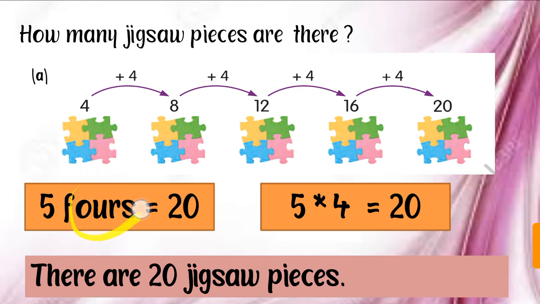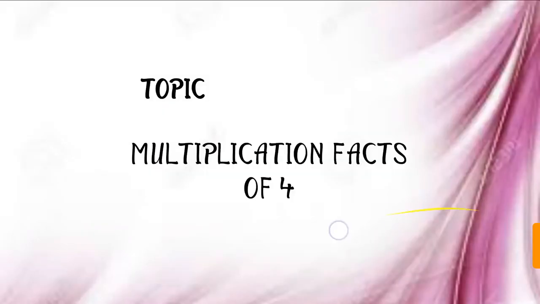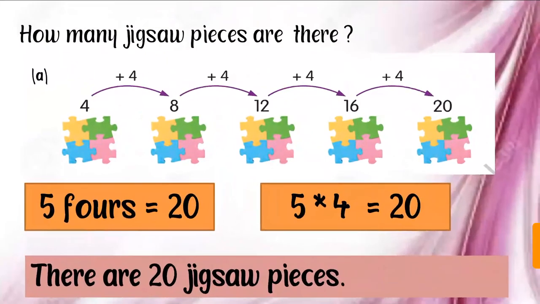So we can say that 5 fours are 20, and we will get the answer 20 from here. So the answer is this. There are 20 jigsaw pieces. You will get the answer with the help of this image.